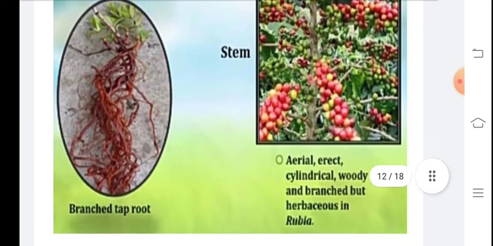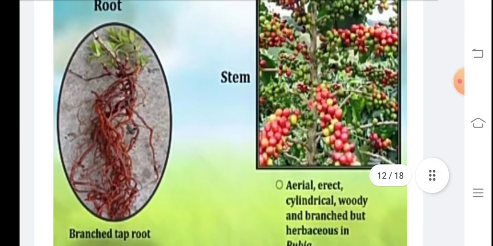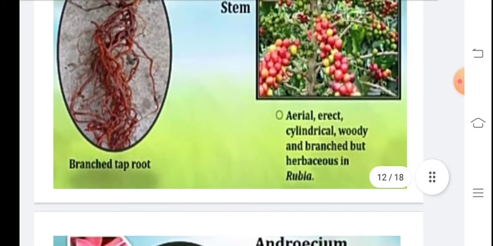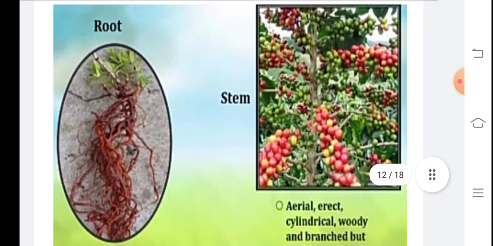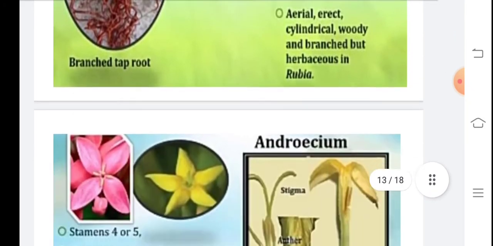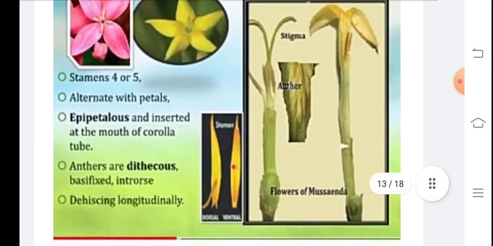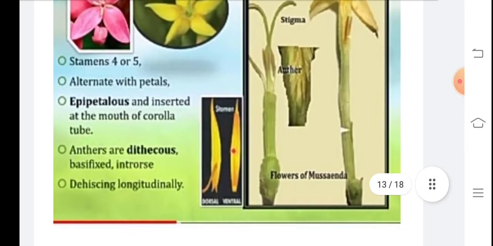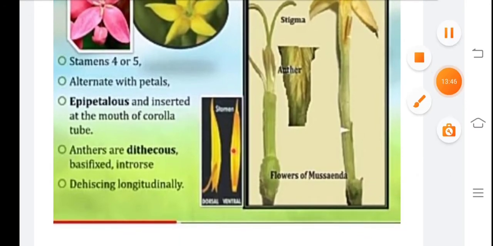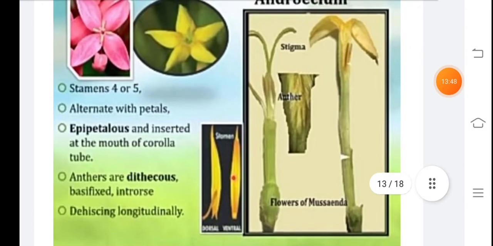The roots here show a taproot system, for Rubia cordifolia. Then the stem is there; we have to use the stem. Then for the androecium and gynoecium, here you are observing nice photographs. It has the main parts, stigma, anther, and the flower of Mussaenda.